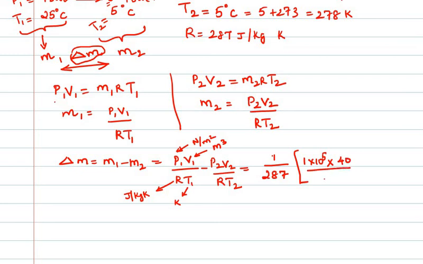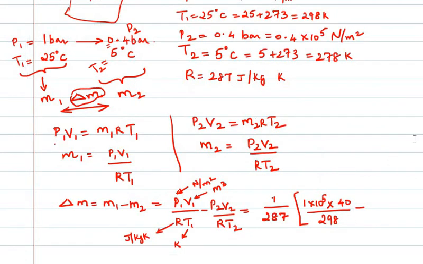Temperature T1 is 298 Kelvin. 298 minus pressure P2 is 0.4 into 10 power 5 into volume is constant, that is 40, divided by temperature T2 is 278.